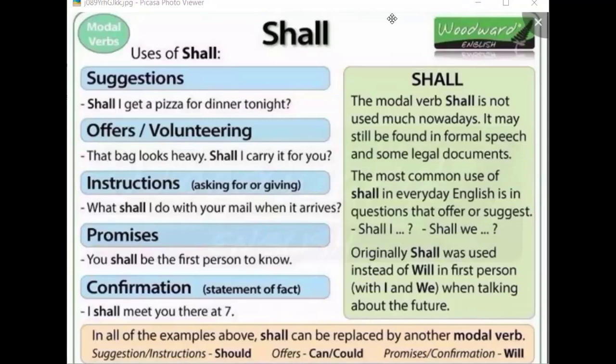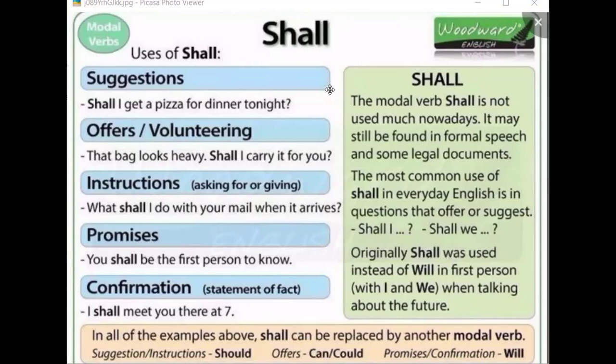For example, when you are offering a suggestion, the situation would be a little different. For example, if you say, shall I get a pizza for dinner tonight? It's a suggestion. But may I get a pizza for dinner tonight? Now there would be a difference. You're asking for permission when you are saying, may I get a pizza?